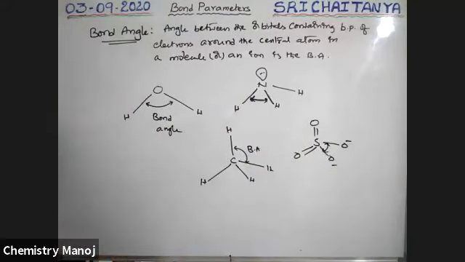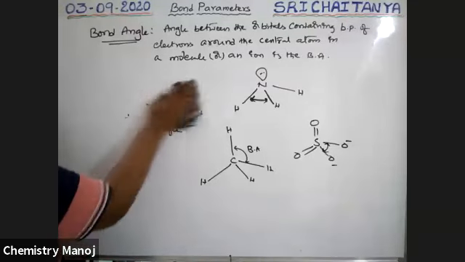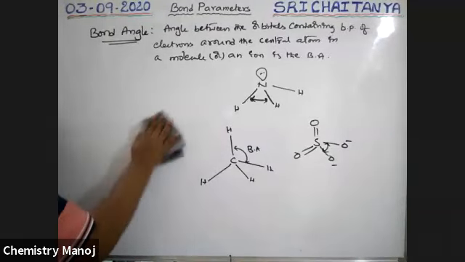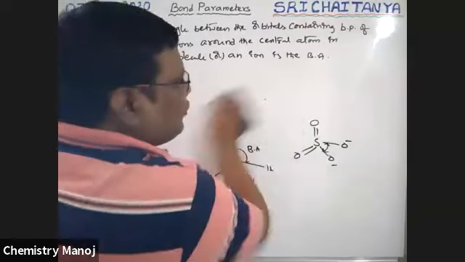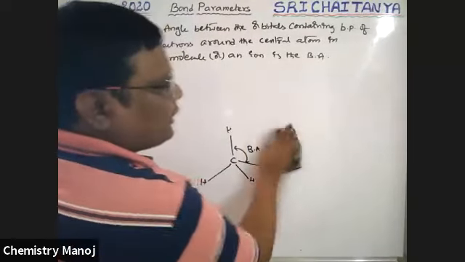Now what are the factors influencing this bond angle? First, what is the purpose of bond angle? Why do we use bond angle? Because the stability of the molecule is explained on the basis of this bond angle.